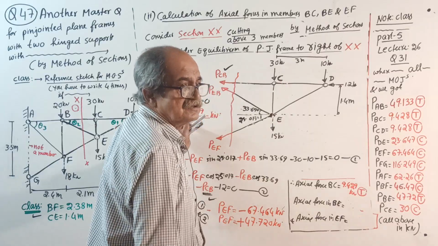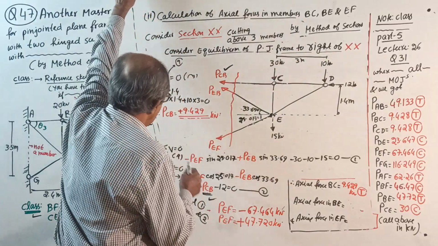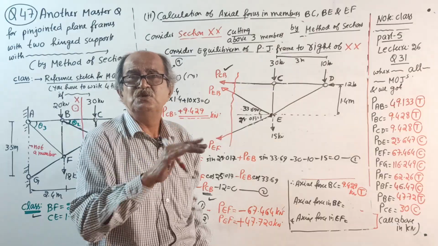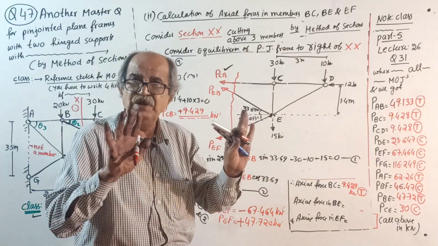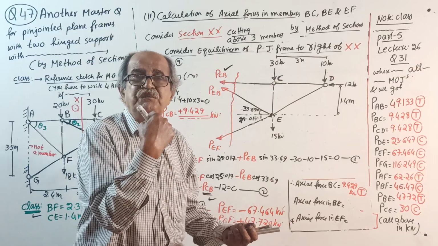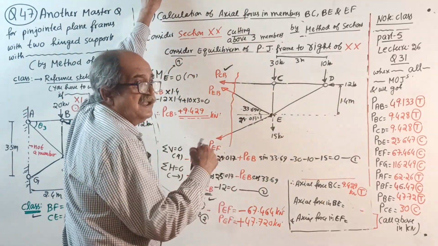Somebody may ask, sir, you wrote force in BC in the question, but we got force in CB. Leave my class. Don't come to my class once again. I will tell that way. See, Pxy equal to Pyx. Both ends are equal answer.